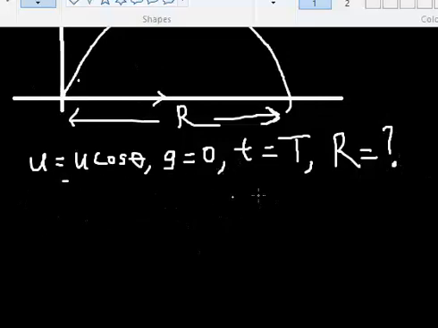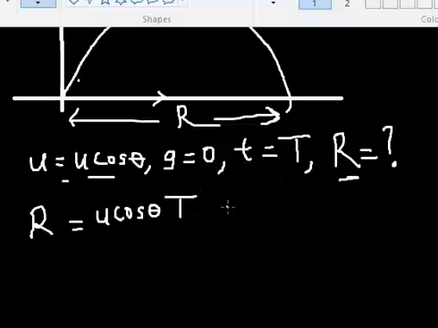So considering all this, which equation of motion goes? That should be the second equation, where R now replaces the H. So that's going to be R is equal to UT, U, which of course is U cos theta, multiplied by T, which is capital letter T, then of course minus half G, G is already 0, then T squared.